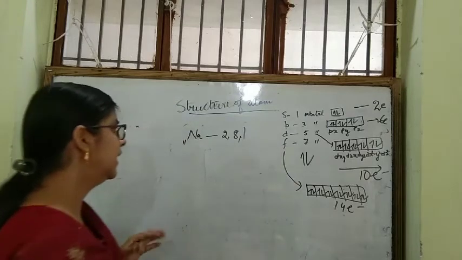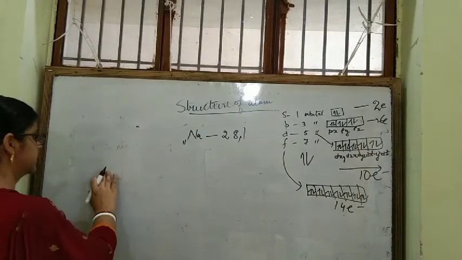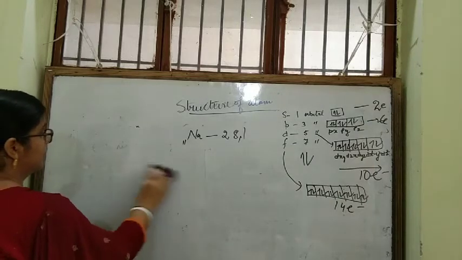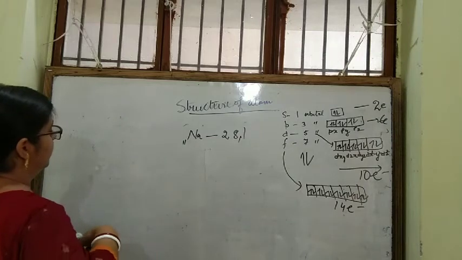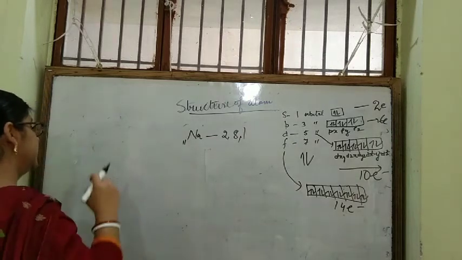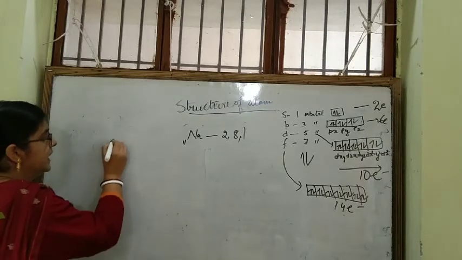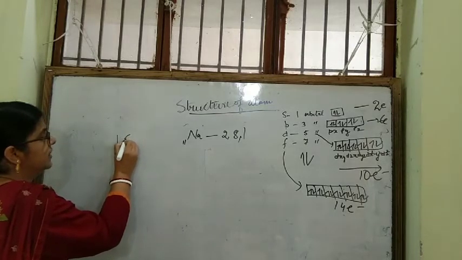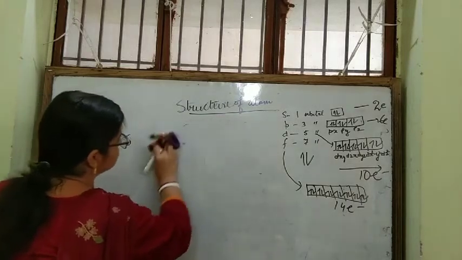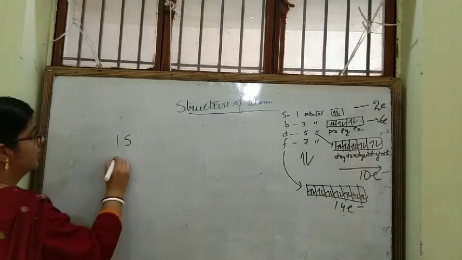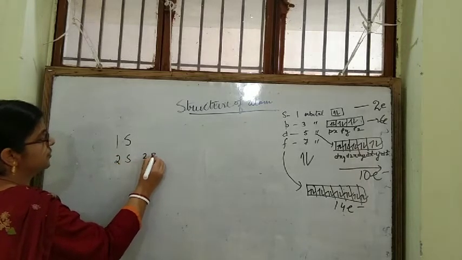Now let us discuss the electronic configuration in detail. You see, whenever we are dealing with the electronic configuration, we'll have to understand the shell, subshell, orbital. See, in the first shell, there is only one subshell, that is s. That we have followed. In the second shell, there are two subshells, 2s, 2p.